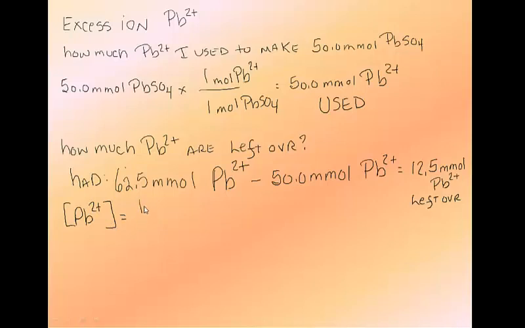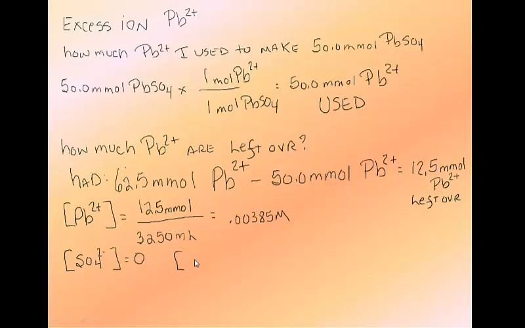So I have 12.5 millimoles of lead in a total volume after adding it together of 3,250 milliliters, and that gives me a concentration in 3 sig figs. The sulfate one is nice and simple because it's gone.